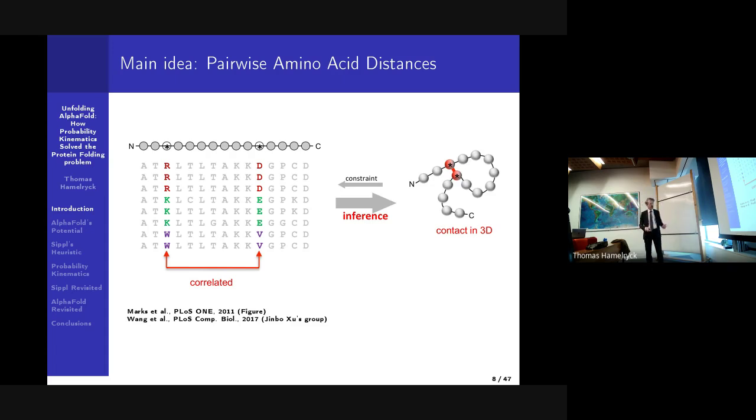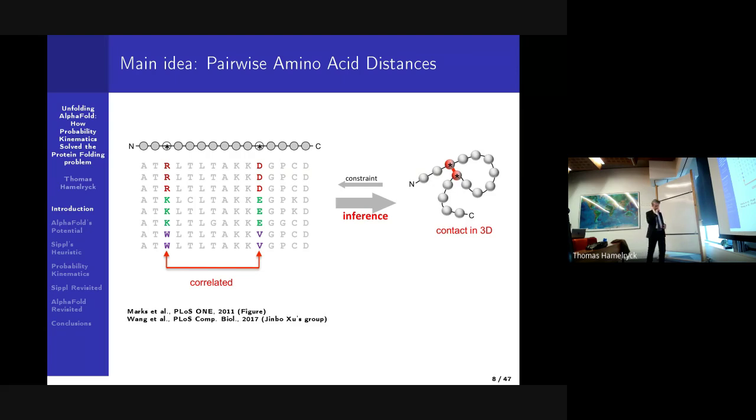So this was originally done, for example, in this classic publication by Marks et al. in 2011. This was done with smart maximum entropy statistical methods. AlphaFold essentially did it with neural networks. And this was also not new. We have, for example, this publication by Wang et al.